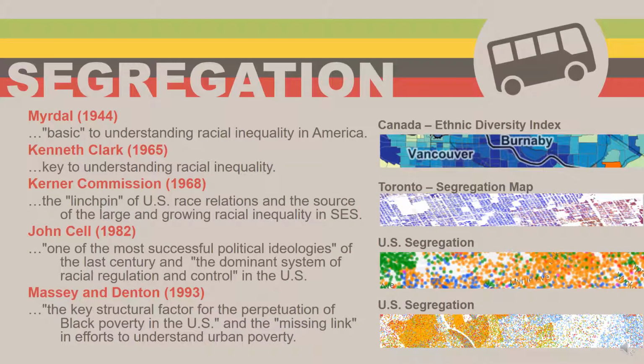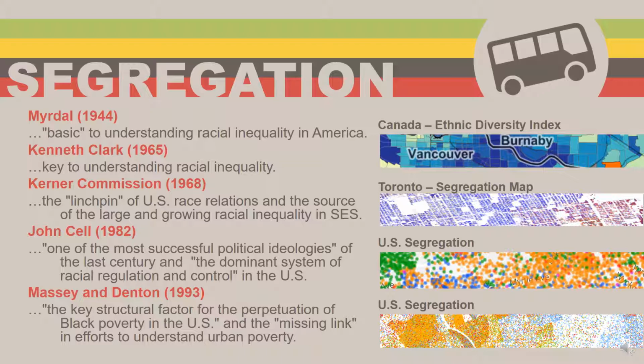As one of many forms of discrimination, segregation has had a profound impact on the health of young people and their communities. It can impact access to healthy foods, green space, healthcare services, but also access to quality public schooling and some of those upstream structural factors that we talked about last week. Segregation has been described as, quote unquote, the linchpin of U.S. race relations and the dominant system of racial regulation and control.